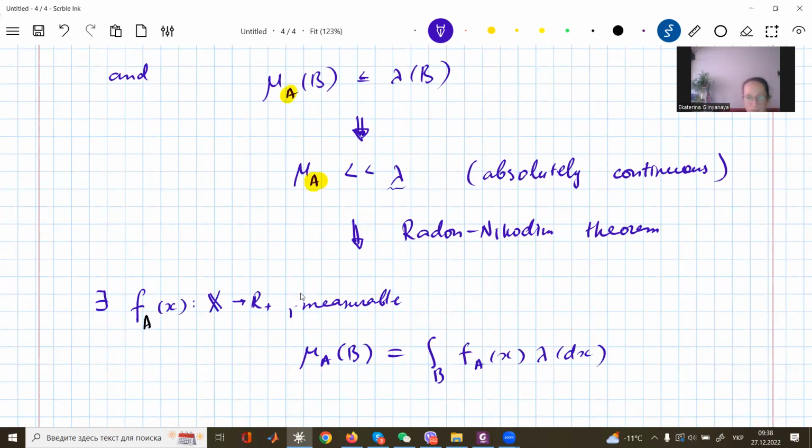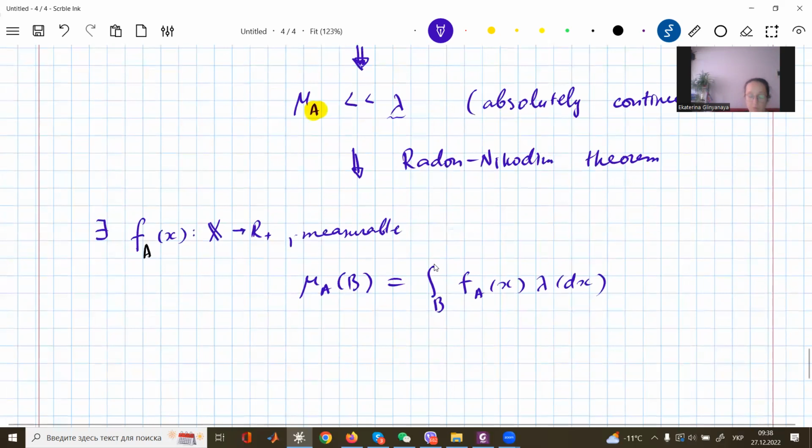So now for free we get the existence of such a function.